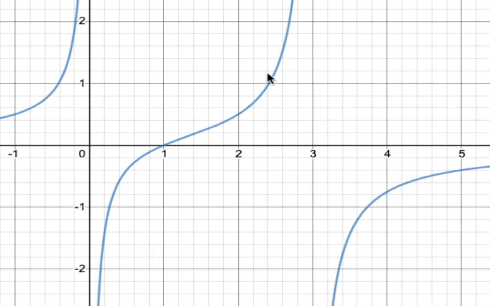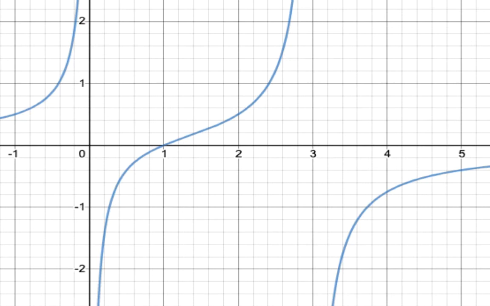So here the right-hand limit and the left-hand limit are going to go to opposite values, positive and negative infinity.